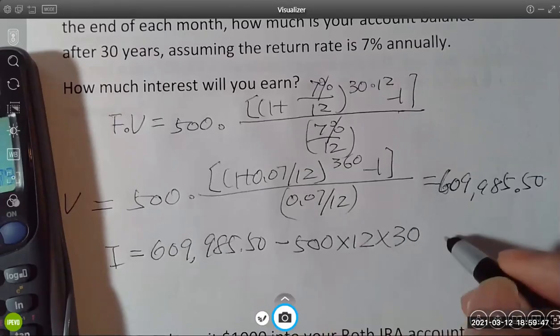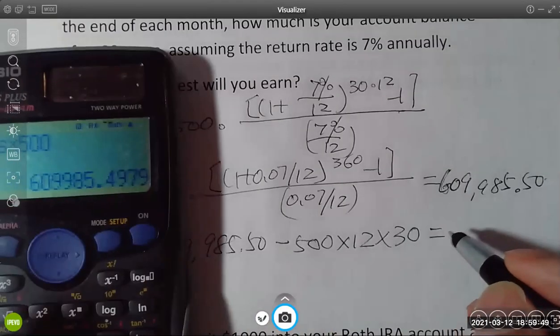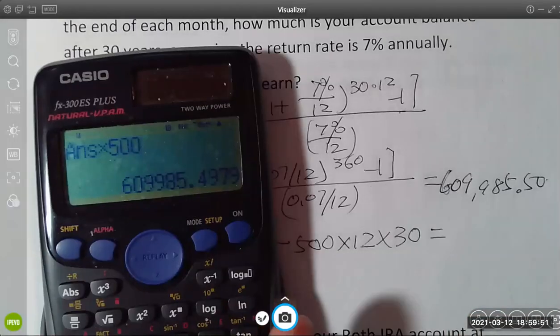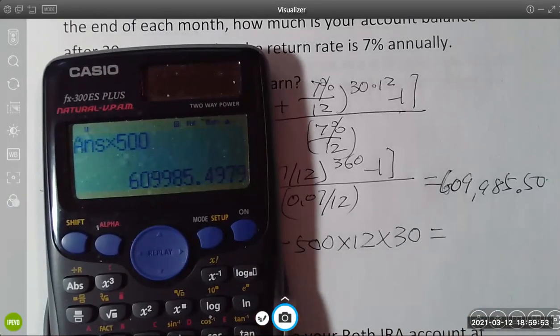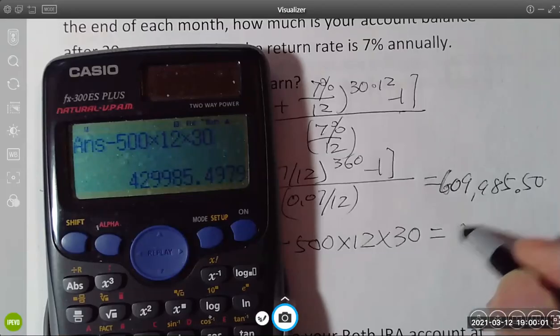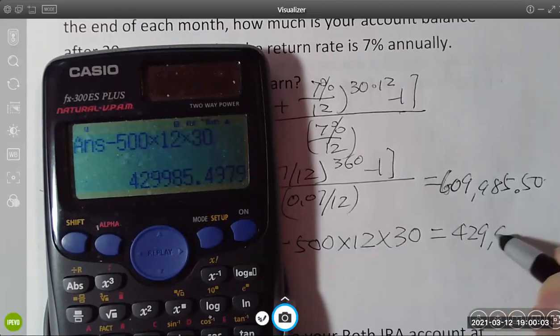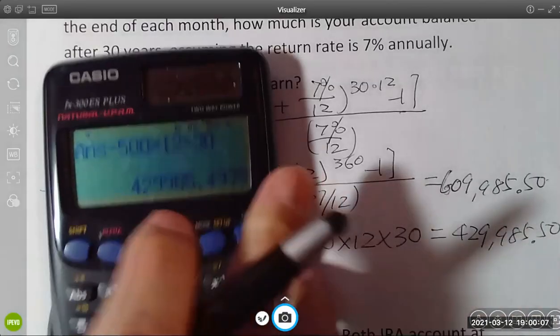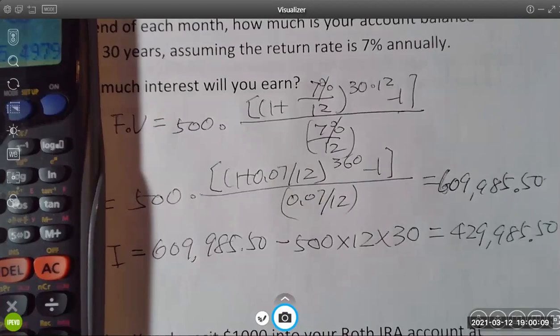This is still 180K. Again, I still have this total account value on the screen, so I just subtract 500 times 12 months times 30 years equals 429,985.50.